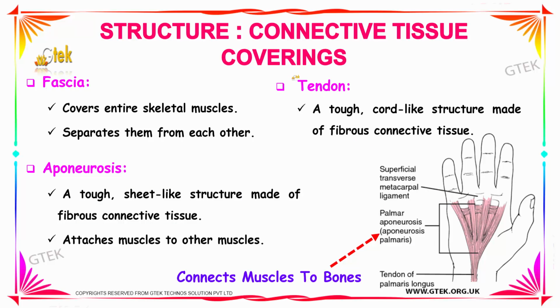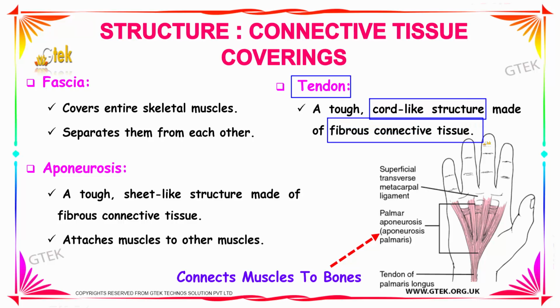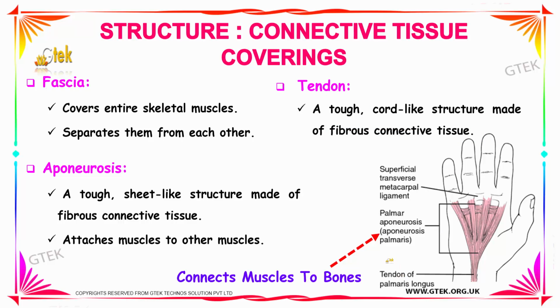Our next connective tissue is tendon. A tendon is a cord-like structure and it is made of fibrous connective tissues. So these tendons use the fibrous connective tissues to make a tough cord-like structure.